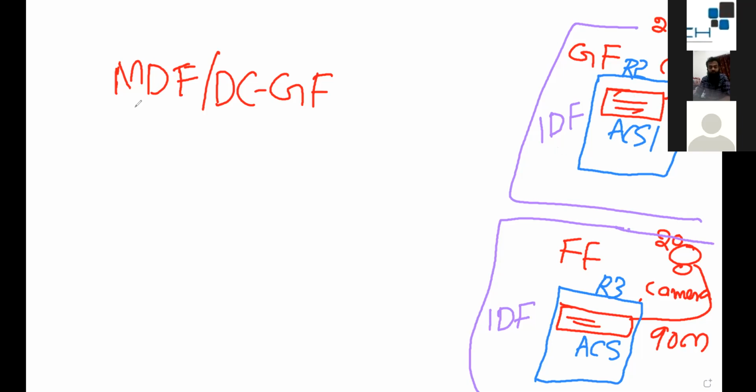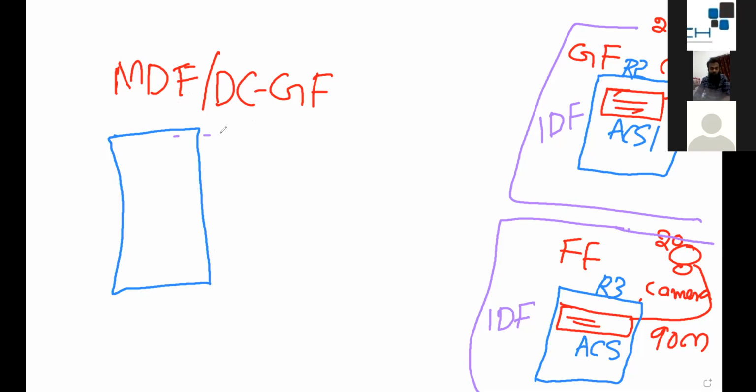Now we're coming back to the MDF. In this MDF room, let's say, we talk about a small design, you have one small rack. In the MDF, you may have more than one rack.